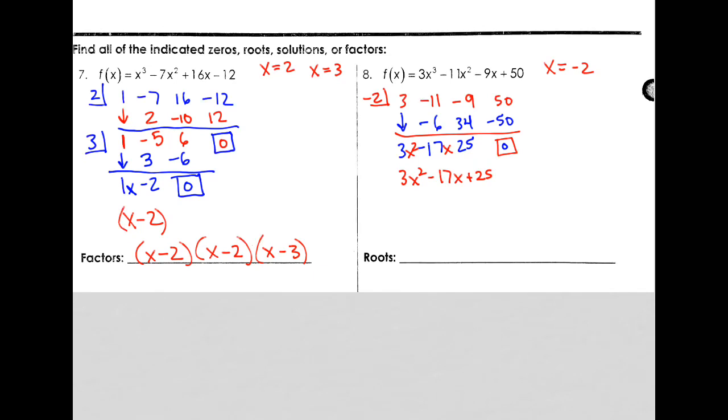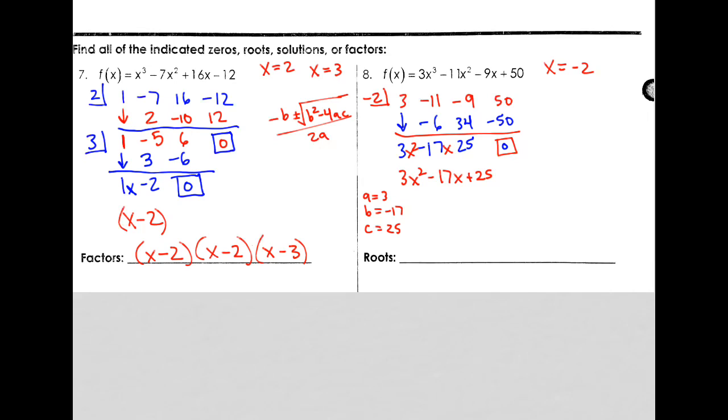I'm going to use the quadratic formula. Let me go ahead and write that in for you. It's good to have. Opposite b plus or minus square root of b squared minus 4ac all over 2a. So here we have a is equal to 3, b is equal to negative 17, c is equal to 25.